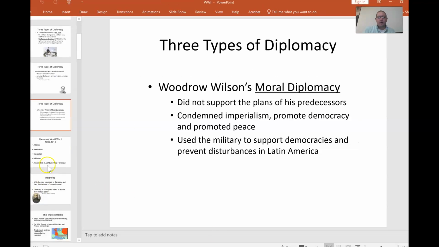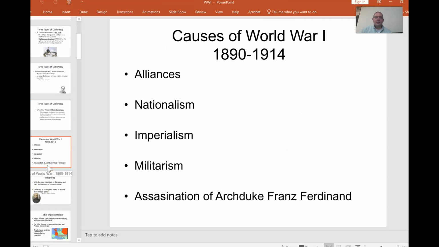I'm sure many of you have seen this before, but there are 5 major causes of World War I. The alliance system, right? When you think about the Entente and the Allied powers, you have these 2 groups: the Germans, the Austro-Hungarians, and the Ottoman Empire as the Triple Alliance, ultimately the Central Powers, and then you have the UK, France, and Russia, and Johnny come lately the United States, the Allied powers, making this up, right?